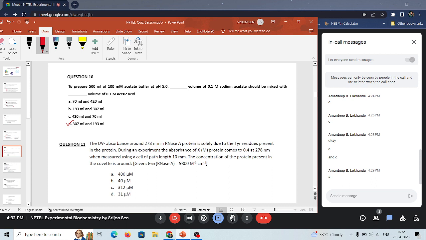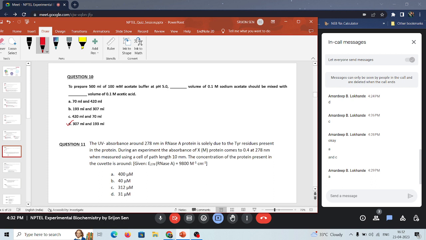For question number 11, it says the UV absorbance around 278 nanometer in RNase A protein is solely due to tyrosine residues present in the protein. During an experiment, the absorbance of X protein comes to 0.4 at 278 nanometer when measured using a cell of path length 10 millimeters.